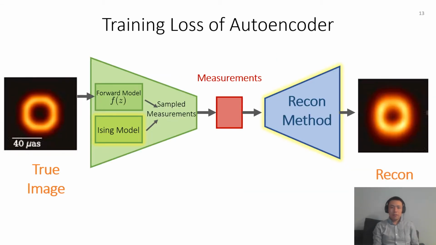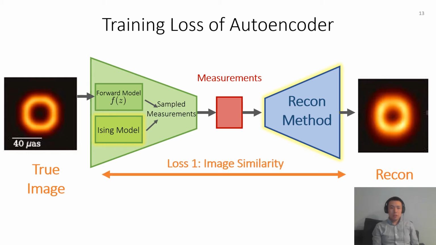We've now defined the physics-constrained encoder. As for the decoder, the reconstruction method, we can use any suitable deep learning framework according to specific applications. The training loss of this autoencoder consists of 3 terms. In addition to maximizing the similarity between the true image and the reconstructed image, we also introduced 2 additional loss terms to regularize the sensor network properties.